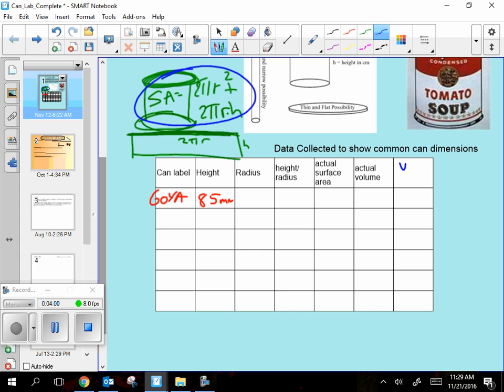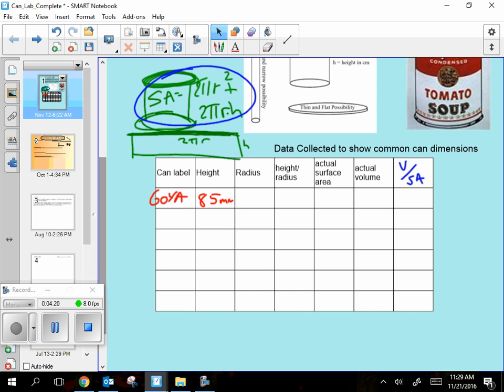So I would make this the volume divided by the surface area ratio. Whatever's got the best number there, the most volume for the surface area of your can, that was your best can out of your 5.